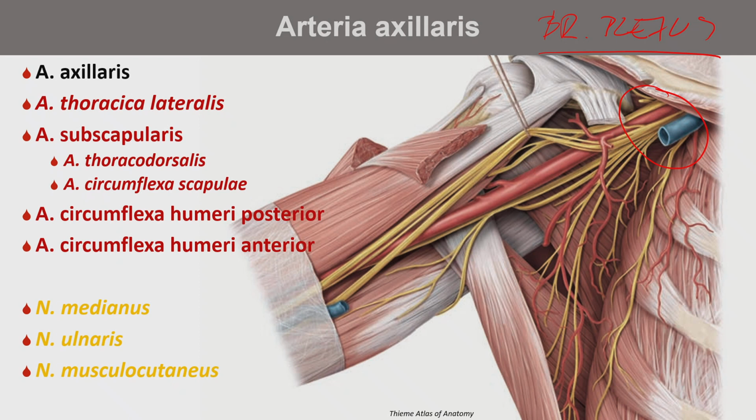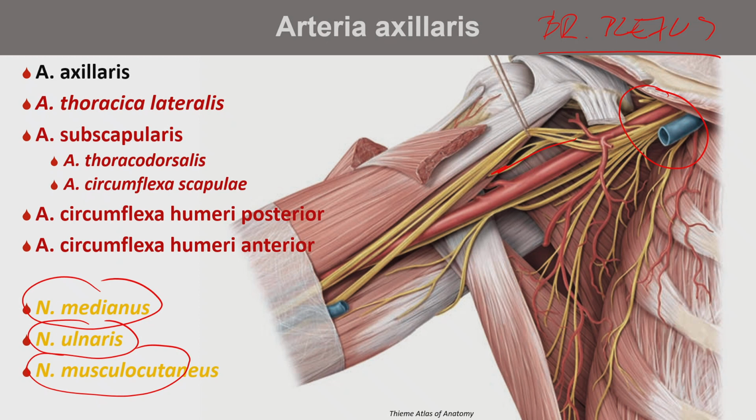The important nerves which could be seen here are medianus, ulnaris, and musculocutaneus. Musculocutaneus is typically entering the muscles of the anterior compartment of the arm, where are biceps, brachialis and coracobrachialis.